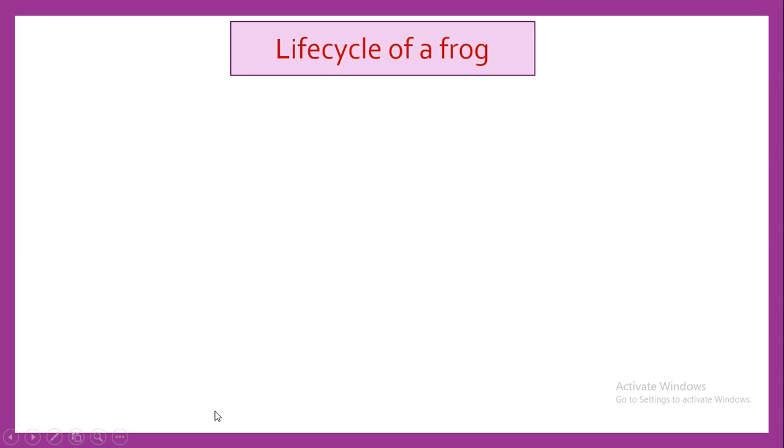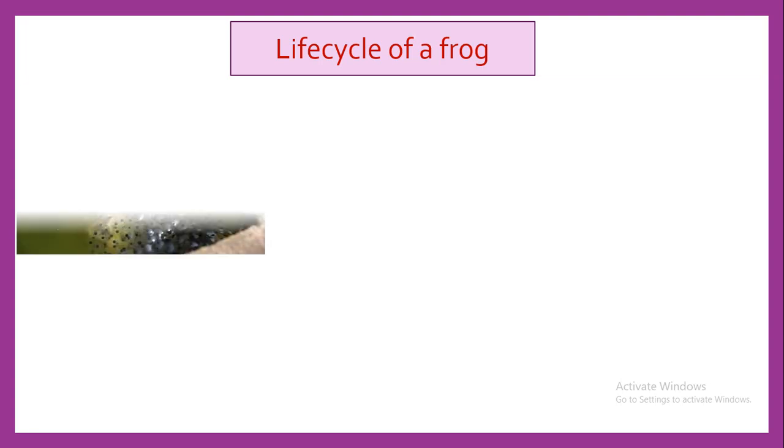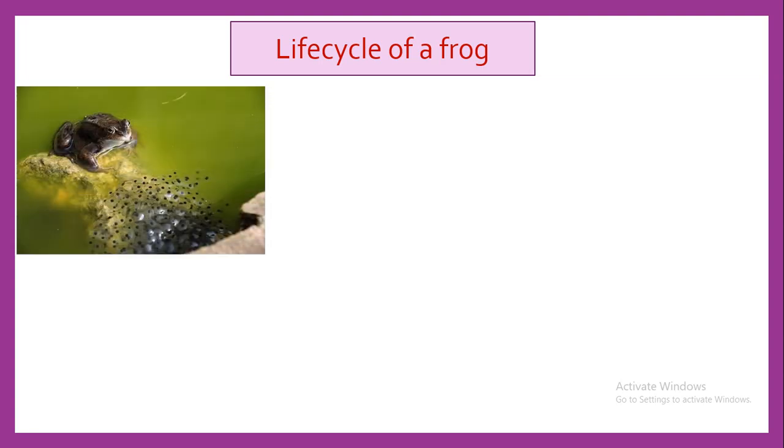Okay, moving on to the life cycle of a frog. As you know, frog is an example of amphibians, right? Now, like insects, amphibians, such as frogs, change form during their life cycles. Look, this is an adult female frog.